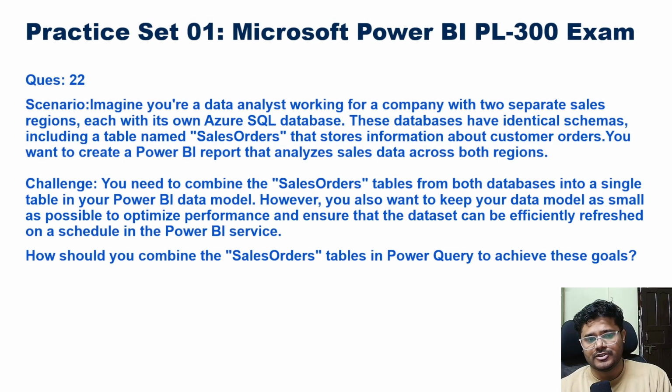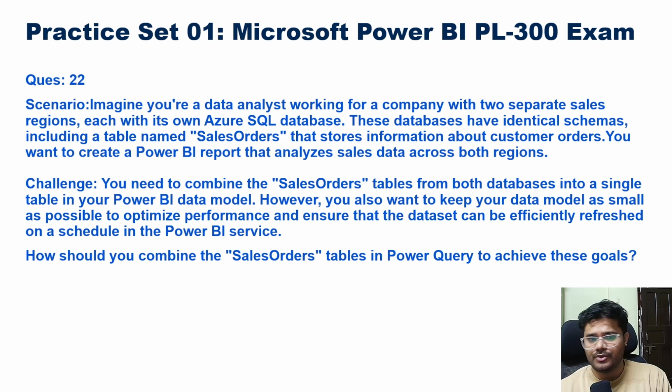It's a scenario based question. Imagine you are a data analyst working for a company with two separate sales regions, each with its own Azure SQL database. These databases have identical schemas, including a table named sales orders that stores information about customer orders. You want to create a Power BI report that analyzes sales data across both regions.